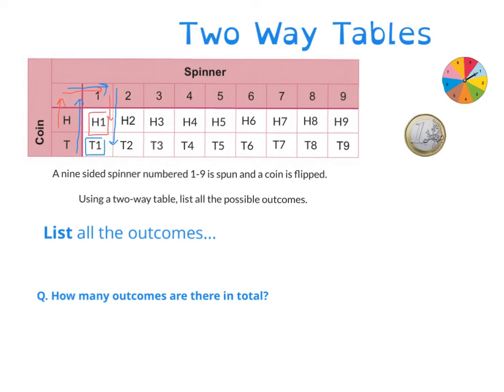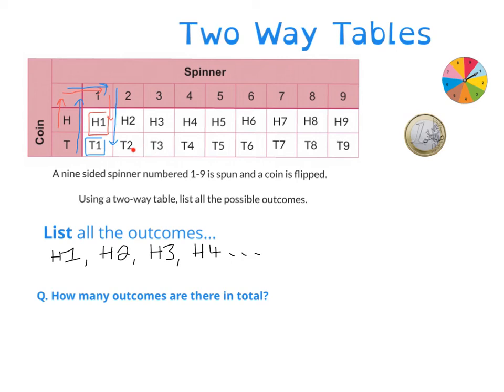For example, if we were to list all the outcomes of this experiment, it would be H1 followed by H2, H3, H4 and so on. Take a minute now to count up how many outcomes we could possibly have from this experiment.